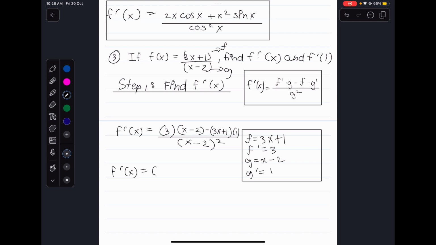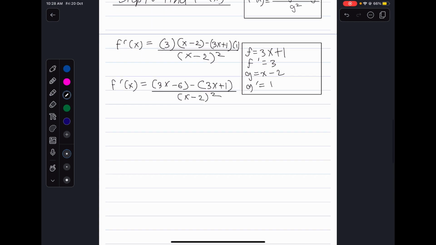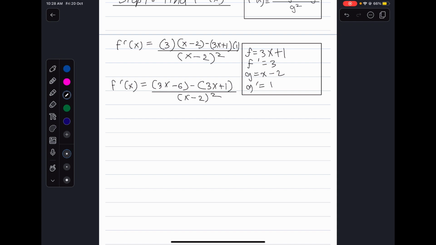3 times x is 3x, 3 times negative 2 is negative 6, minus, again open a new bracket, and then 1 times any expression or number is itself, so 3x plus 1 times 1 is 3x plus 1, all over (x minus 2) squared. And now we can remove the brackets from the numerator. So 3x minus 6 remains the same, and now this is negative and this is positive.